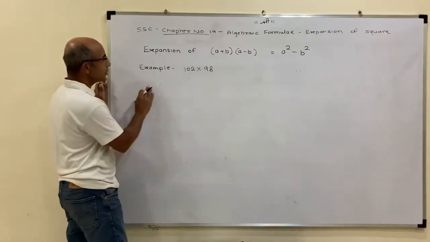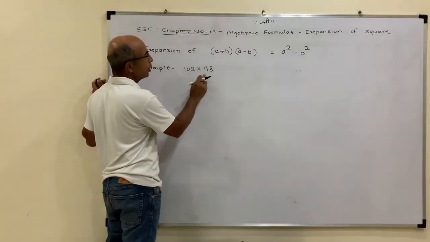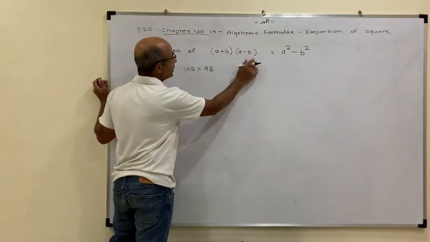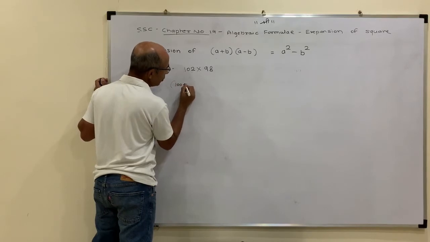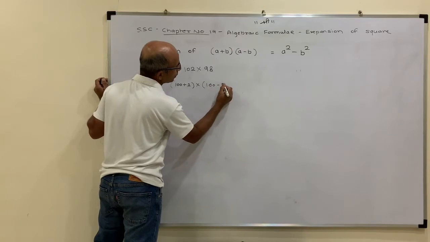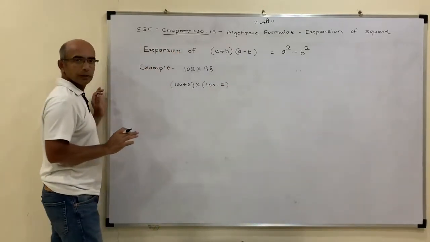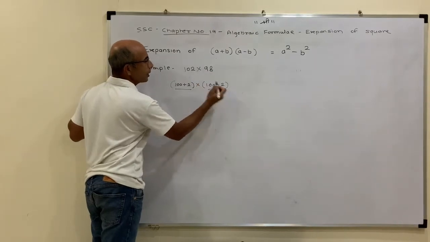Now let's consider this numeric example. We are multiplying 102 into 98. We'll put it in this format: (100 plus 2) into (100 minus 2). See carefully, 102 is 100 plus 2, and 98 is 100 minus 2.